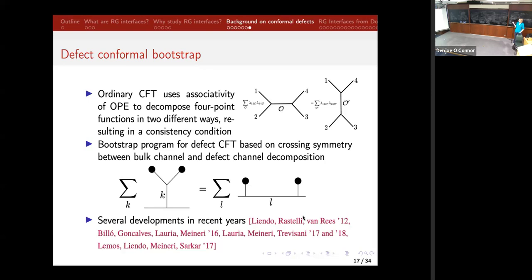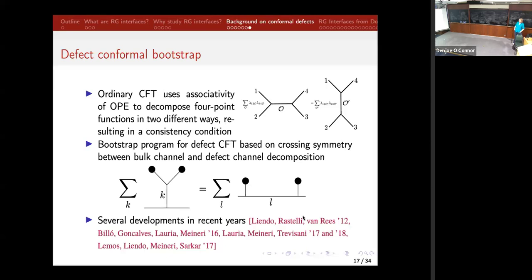You can either bring 1 and 2 close together in that picture, or 1 and 4. And that results in a consistency condition, which allows people to do both analytic and a lot of numeric calculations in figuring out scaling dimensions and OPE coefficients of operators.